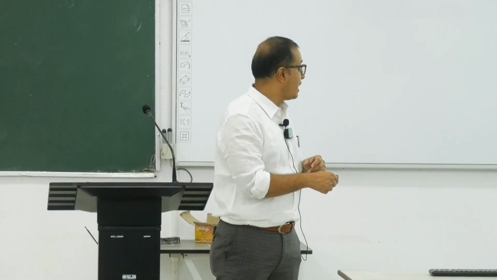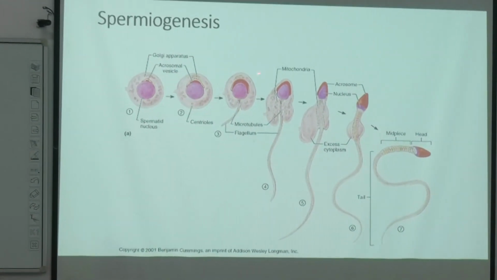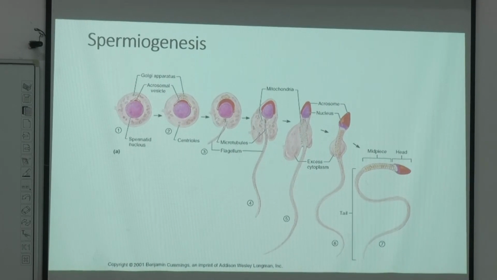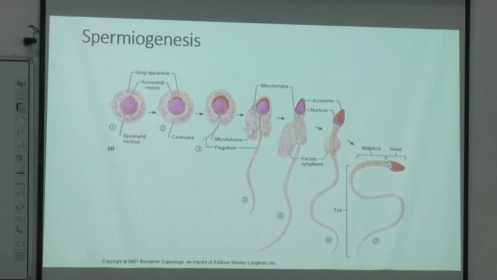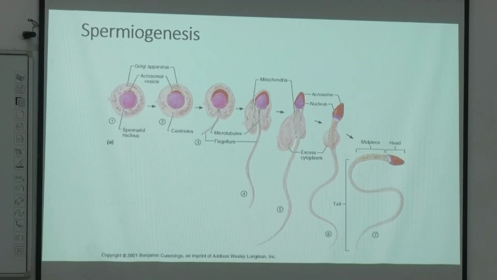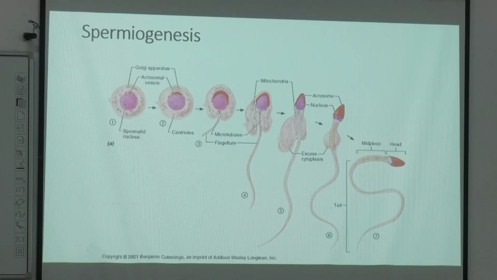Then the other cellular organelles, namely the mitochondria, arrange and orient themselves into two rows and form the middle portion of the sperm, settling down as a middle piece in two rows, a right row and a left row. Then we are left with the cytoskeletal elements, myosin filaments.